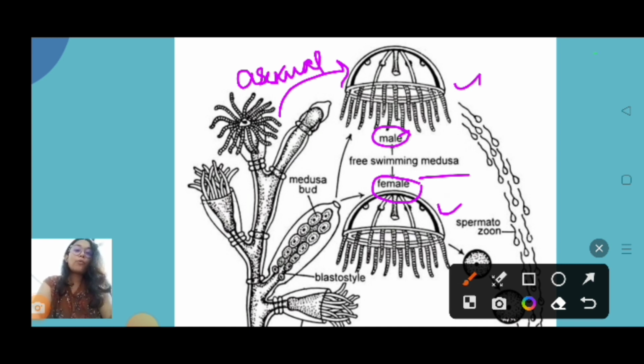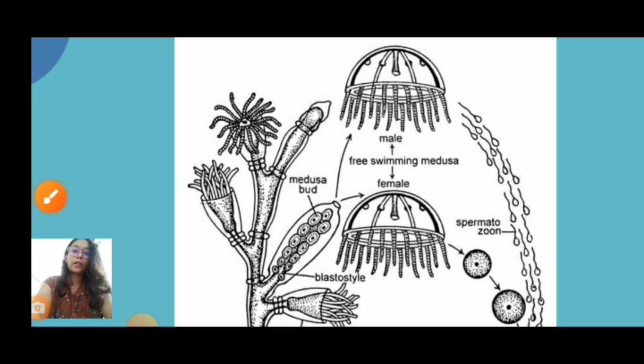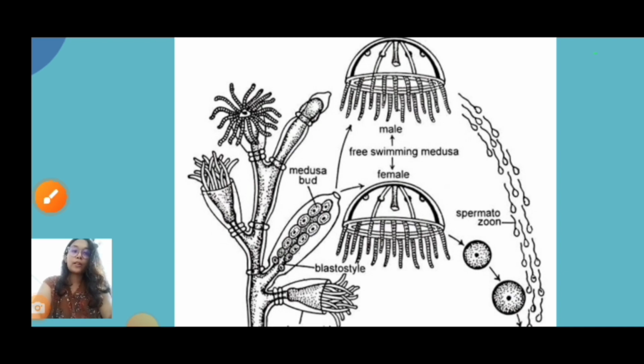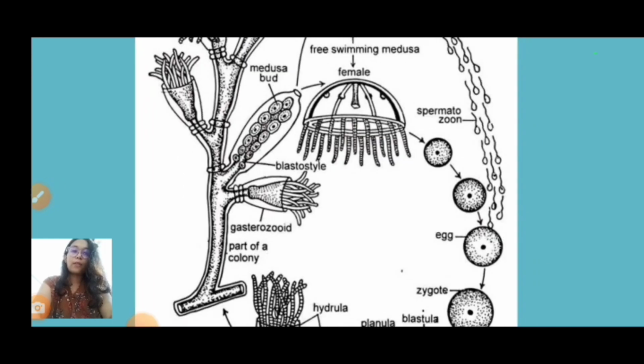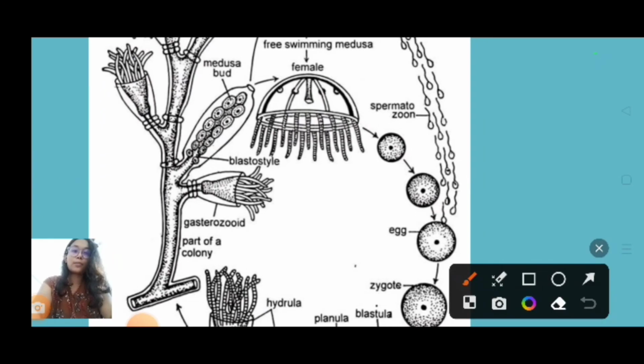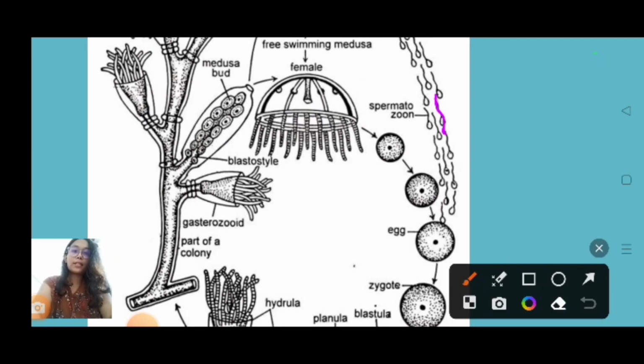Then what happens? From the male the sperm will come out, and from the female the egg will come out. Can you see the sperm and egg coming from the male and female medusa? They will undergo fertilization to form the zygote.